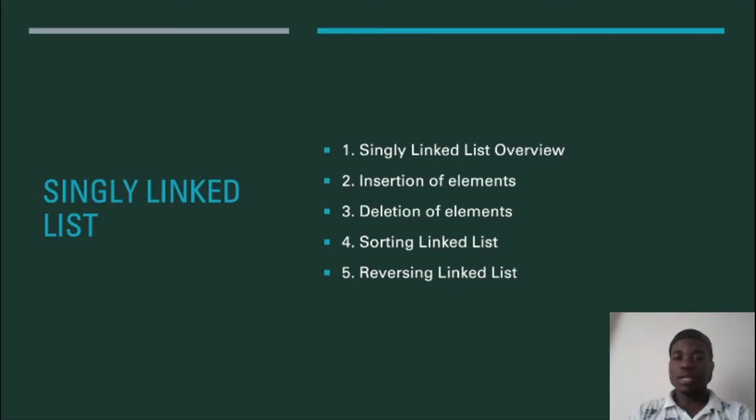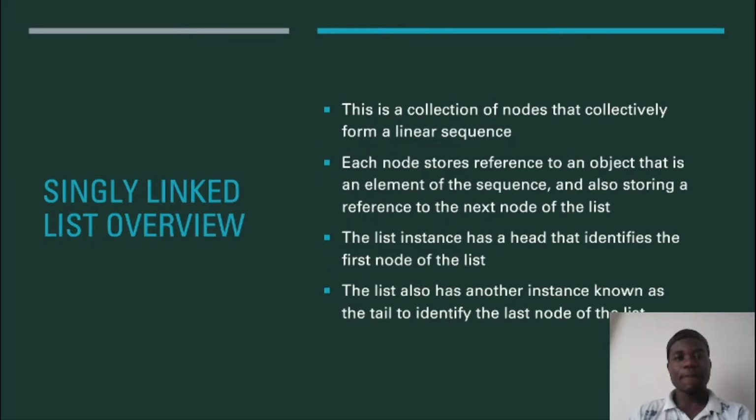So in the singly linked list, what we'll be looking at is its overview. Thereafter, look at insertion of elements, deletion of elements, sorting of the linked list, and then finally reversing the linked list. So what is a singly linked list? This is a collection of nodes that are collectively formed in a linear sequence.